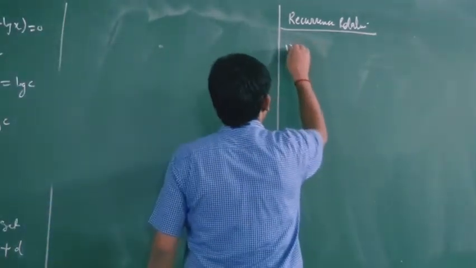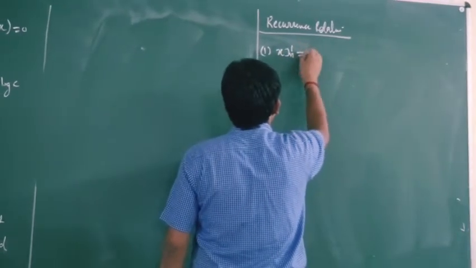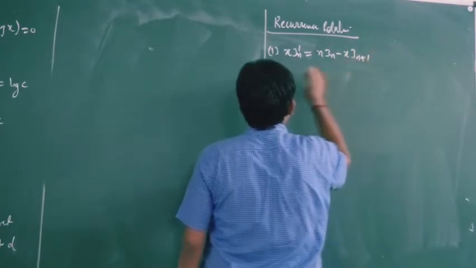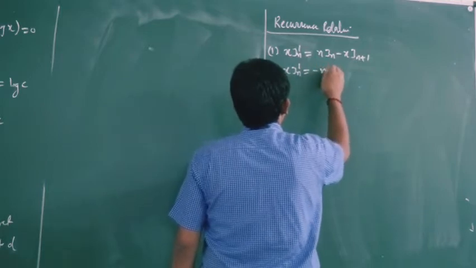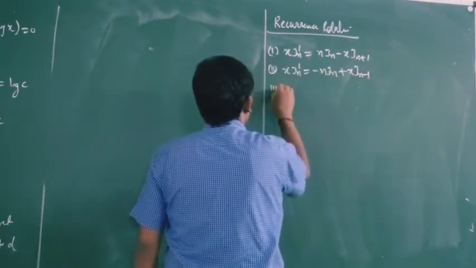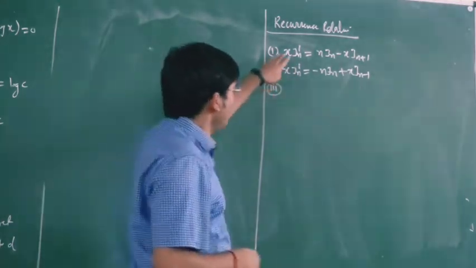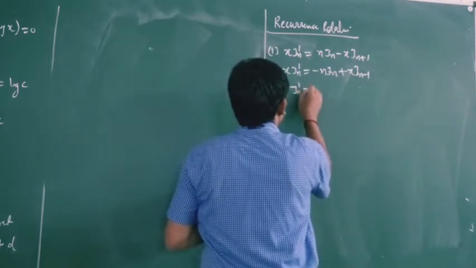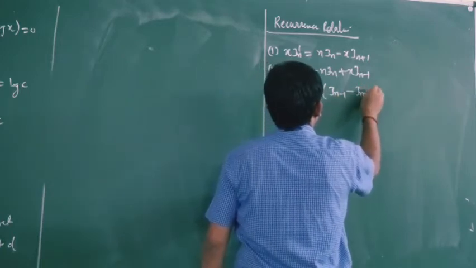So the first recurrence relation is x Jn dash equal to n Jn minus x Jn plus 1. Then we have x Jn dash equal to minus n Jn plus x Jn minus 1. Then the third property: let us add these two equations. If you add these two equations, then your Jn dash will be 1 by 2 (Jn minus 1 minus Jn plus 1).